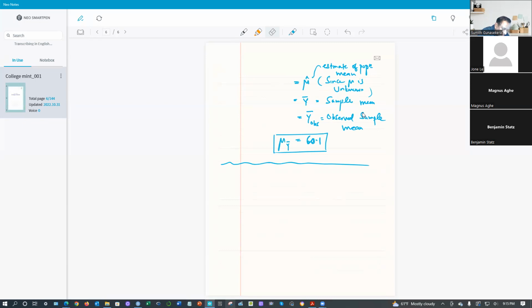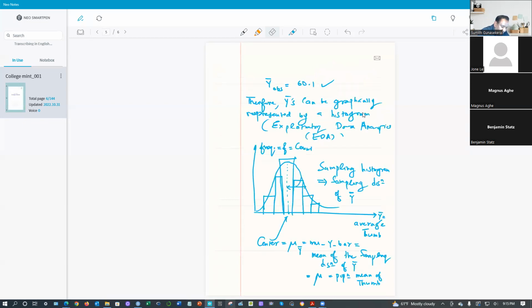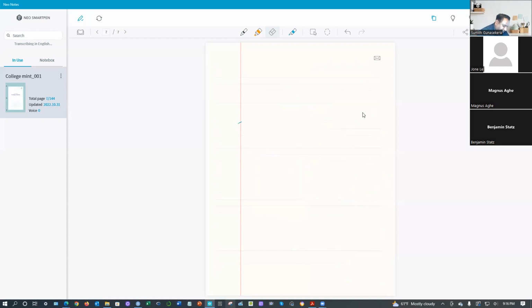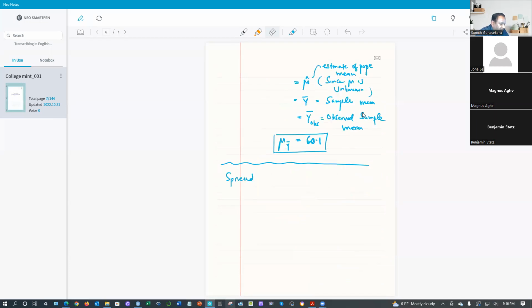The spread, I'm gonna say, is the standard deviation of Y bar, denoted by sigma of Y bar.